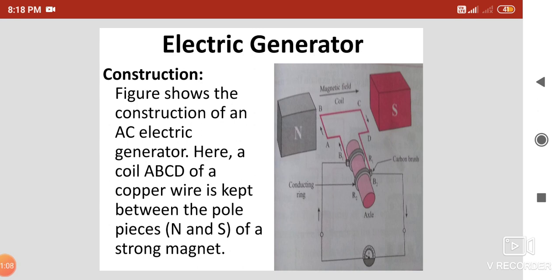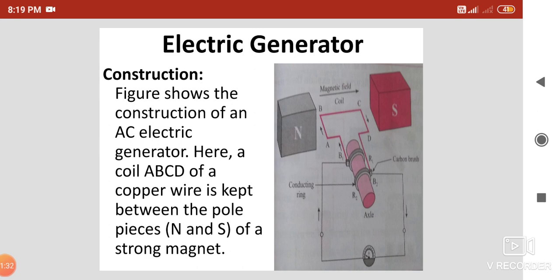After observing the diagram and seeing the construction, now let us start the working of this electric generator. When the axle is rotated with a machine from outside, the coil ABCD starts rotating.